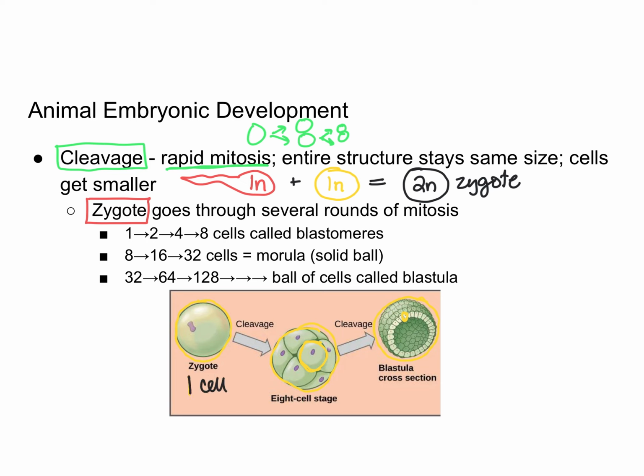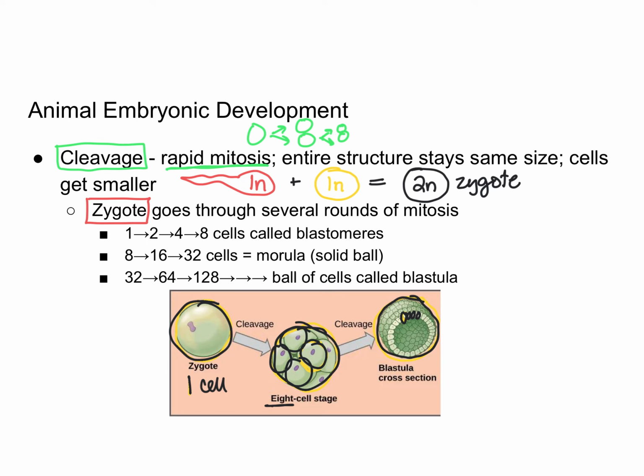This ball right here is showing us 8 cells, but it's the same overall size as the zygote, but each one of these is now a cell. And then this blastula probably consists of maybe 100 cells or more. And so each one of these is a little cell, but the overall size is staying about the same.